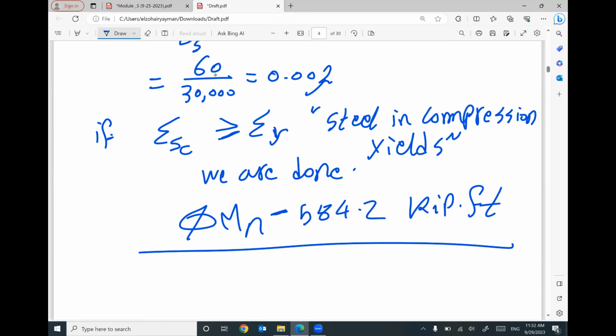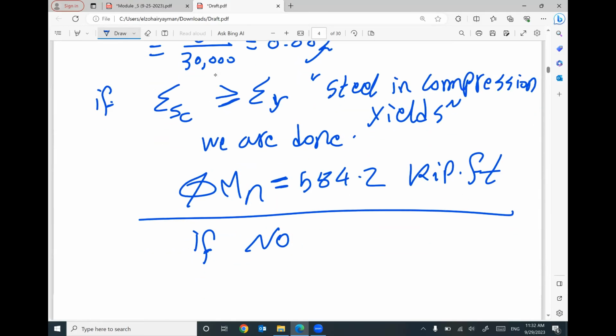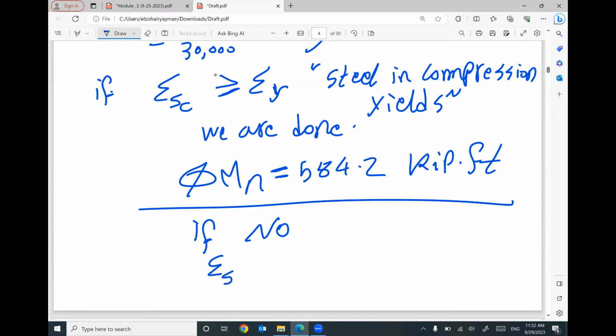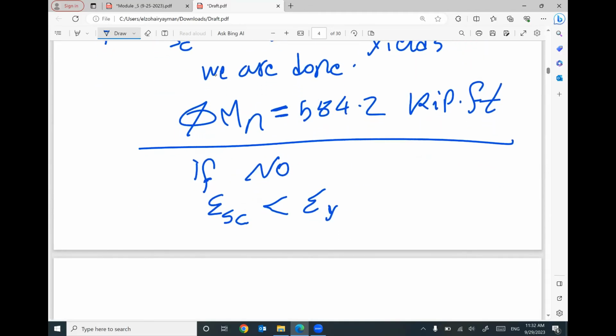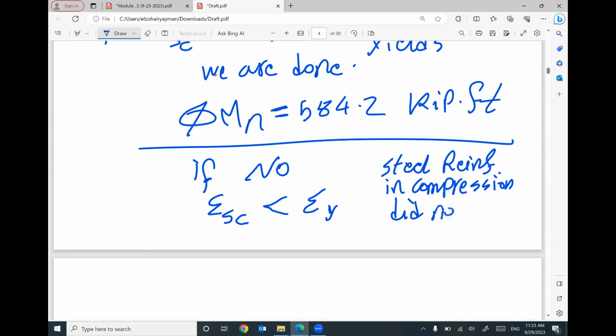That makes sense? If no, if epsilon steel compression is smaller than epsilon yield, in this case, steel reinforcement in compression did not yield.